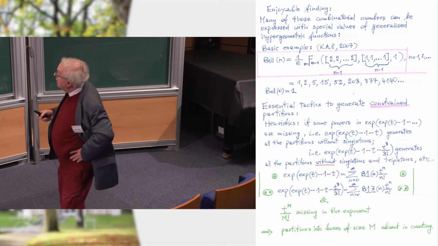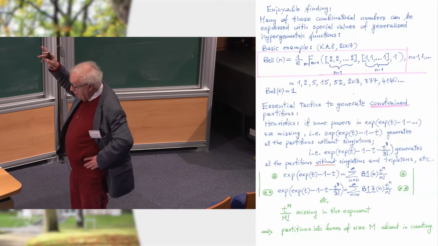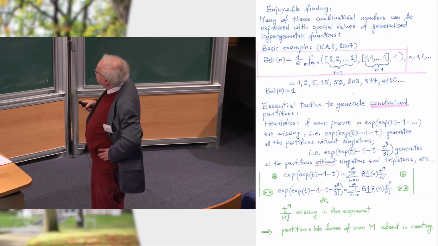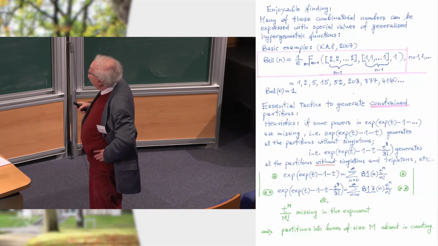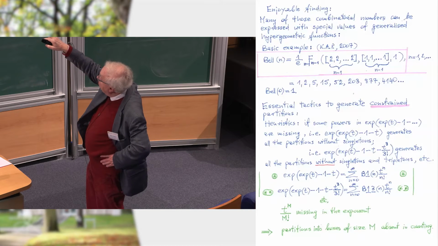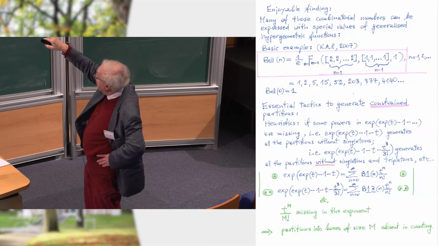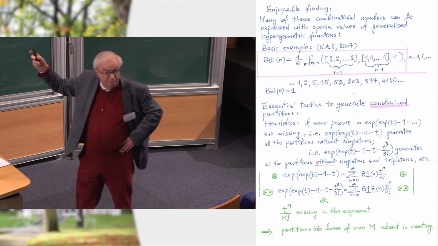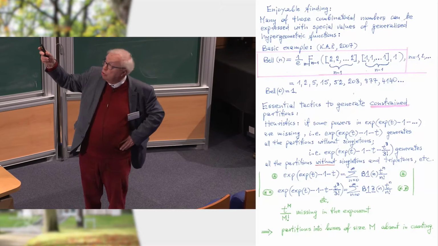So the Bell number, which I defined in the previous slide, is a special value of a hypergeometric function with the parameters n-1, n-1. The first list contains the upper parameters, and they are all equal to 2.